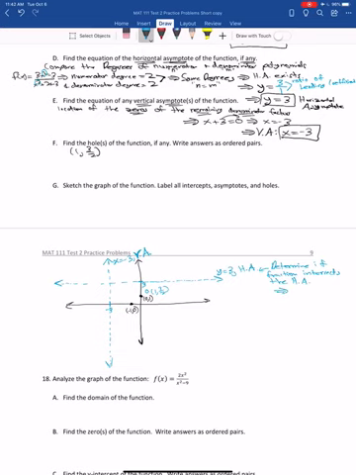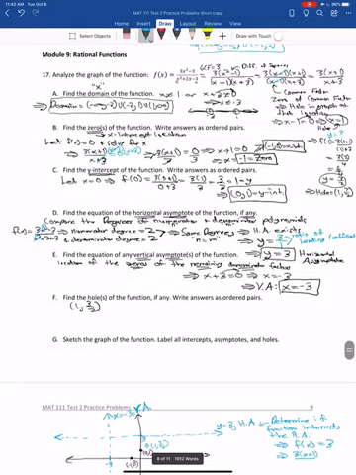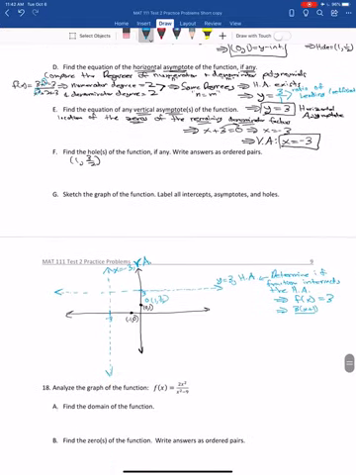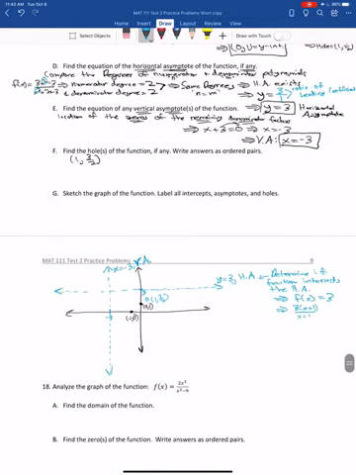What we do is take our function and set it equal to 3. So we can go back to our original function where we reduced it. We have 3 times x plus 1 divided by x plus 3. Let's go ahead and solve that for x and see what happens.